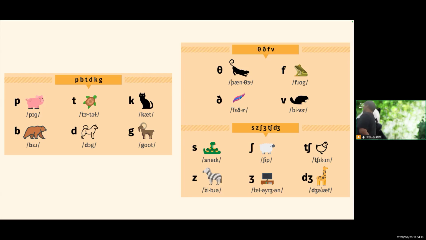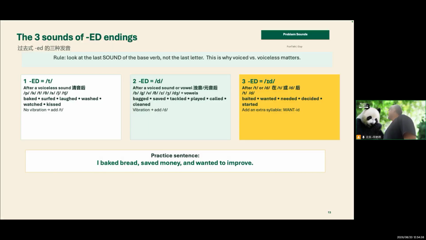Okay, so can you see that? 你们能不能感觉到这个发音位置都是一样的？有对应的发音位置。这个 K, G 它们的发音位置是一样的.